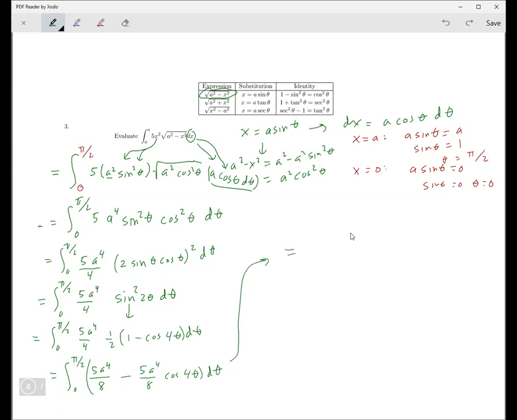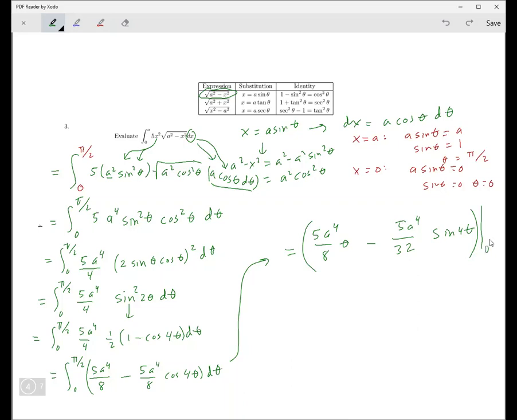Okay, now I integrate, and that gives me 5 a to the 4th over 8 theta minus 5 over, okay, so sine 4 theta is the key. The derivative of sine 4 theta is cosine 4 theta times 4. So instead of dividing by 8, I'll have to divide by 32 now, because I'll have a 4 coming up.